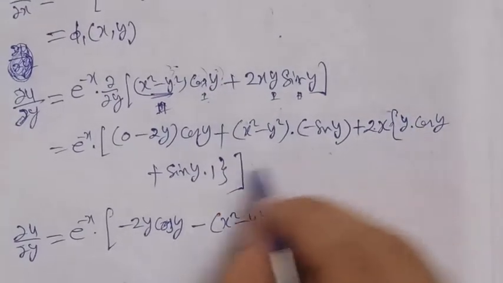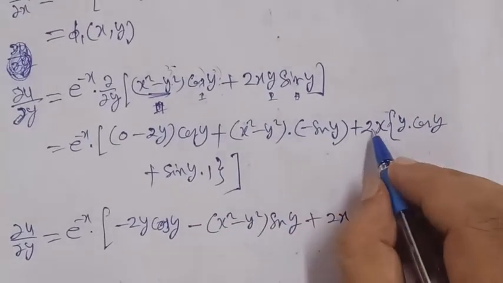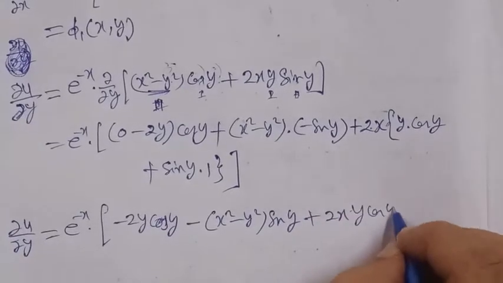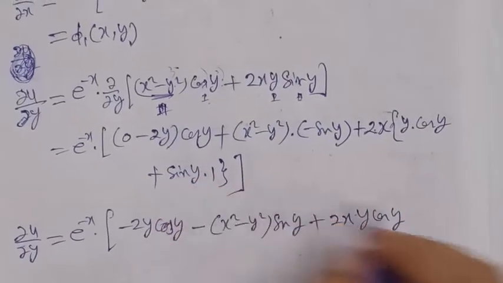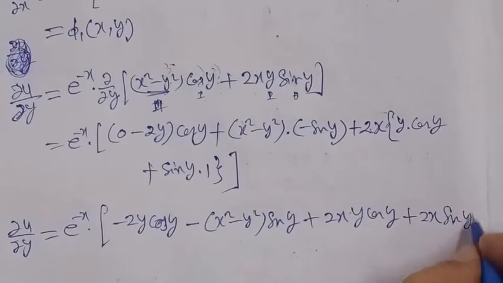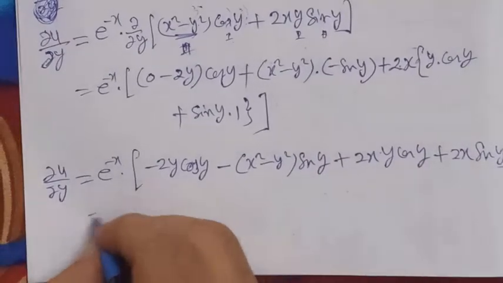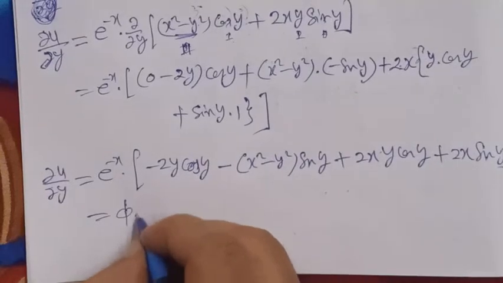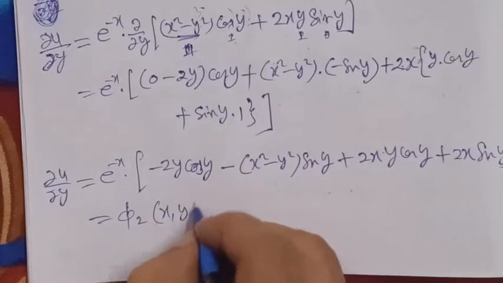We open this curly bracket, so we get 2xy cos y and also 2x multiplied to this value, so we get 2x sin y.